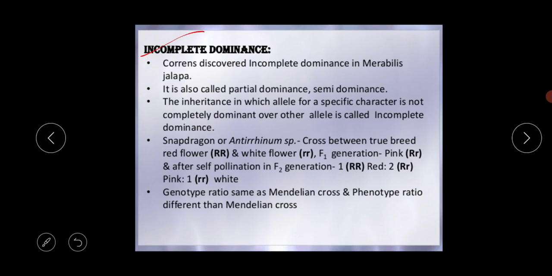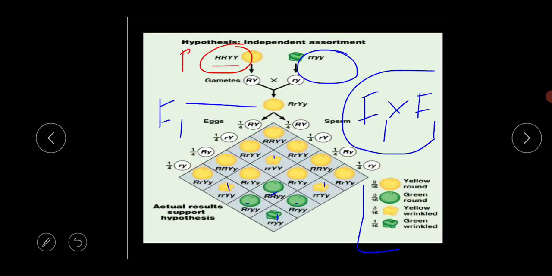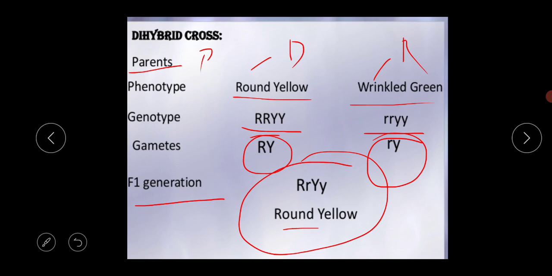The first thing is incomplete dominance. What is the meaning of incomplete dominance? It's a phenomenon where the phenotype of the F1 hybrid offspring does not resemble either parent. I am showing the picture. Suppose this is the phenotype of the F1 offspring: round yellow.